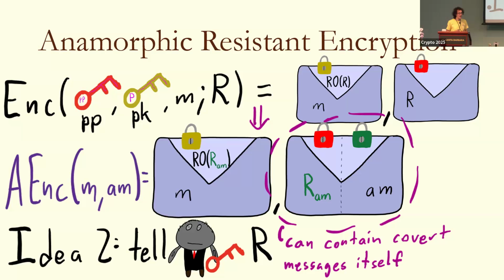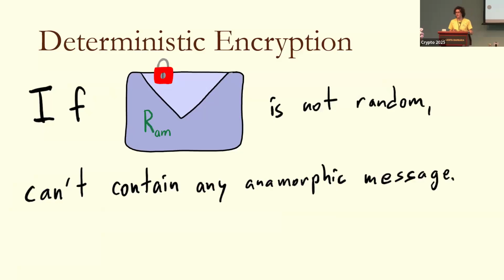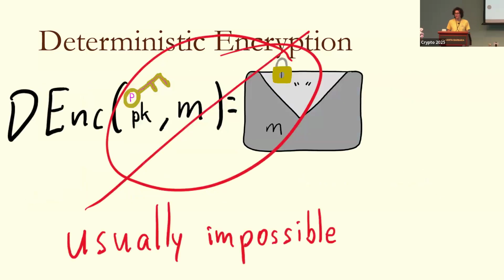Okay? And you might hope that you can get around this problem by just repeating this process, but this will just continue ad infinitum. So instead, we make the observation that there's no way for them to include an anamorphic message in the second ciphertext if that ciphertext is not random, if you somehow use deterministic encryption to encrypt this randomness of encryption. Okay, so unfortunately, deterministic encryption is not possible.